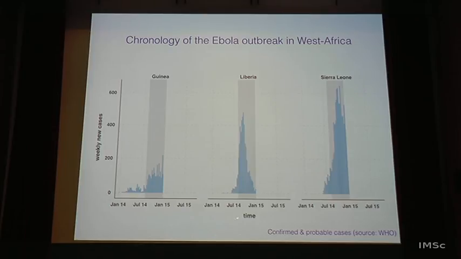They just saw that people stopped going to the hospital to report, so they were staying in the community and dying secretly. But when you see the number of cases decrease, it was actually a real fact, because you cannot hide thousands of people. So that was the outbreak in Liberia.